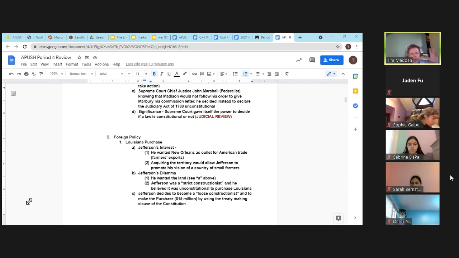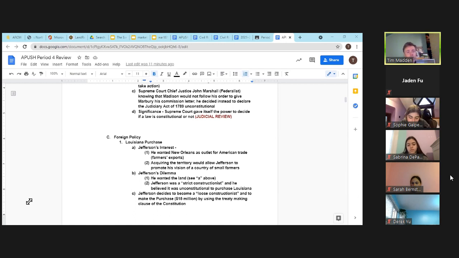And with that, you would have more states coming in from the West, which would be agrarian states, and in all likelihood would be Democratic Republican states. That's something to keep in mind if you ever had an essay or a short answer question where you had to write about the decline of the first party system, right? And the first party system refers to Democratic Republicans and Federalists.